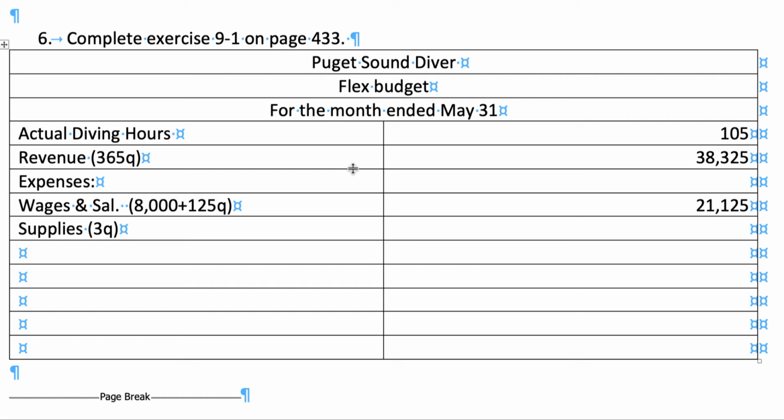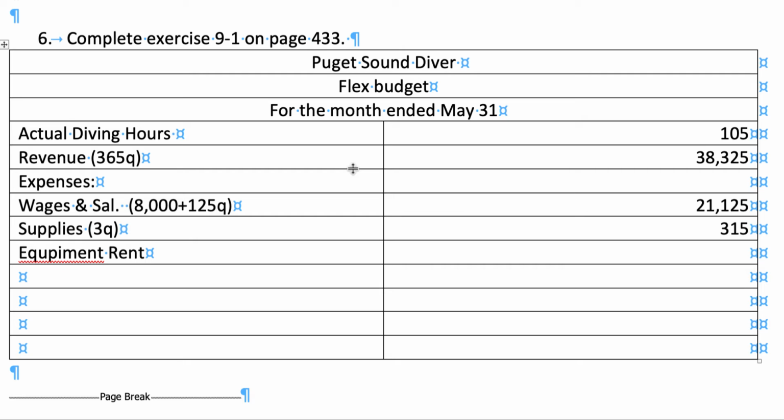However, on a per unit basis, variable costs remain constant. So we take our $3 of supplies times 105 diving hours and we get $315.